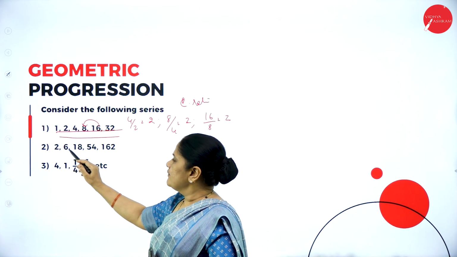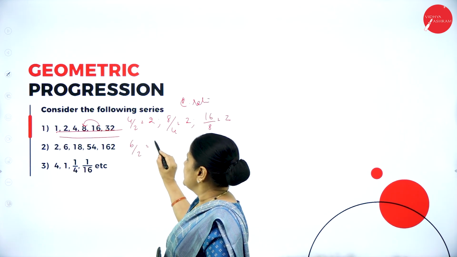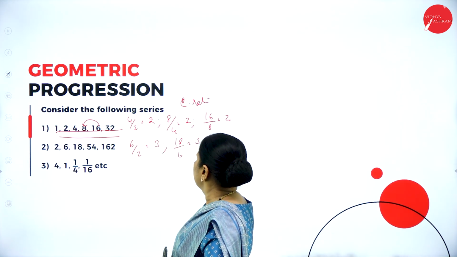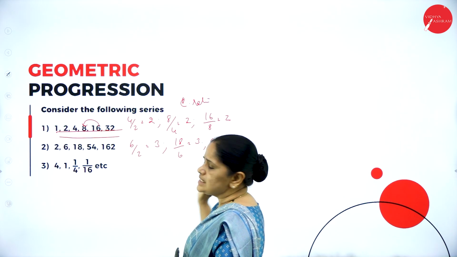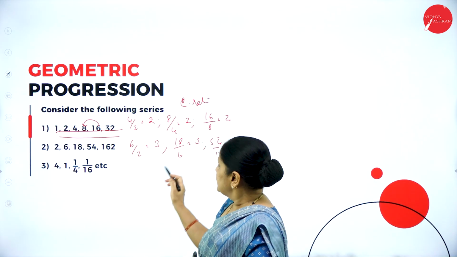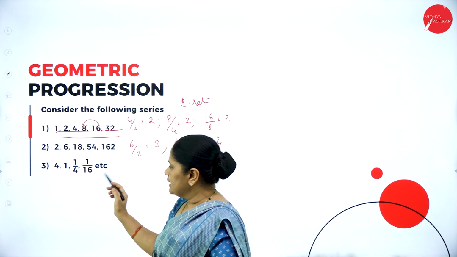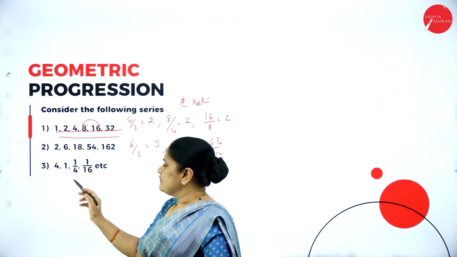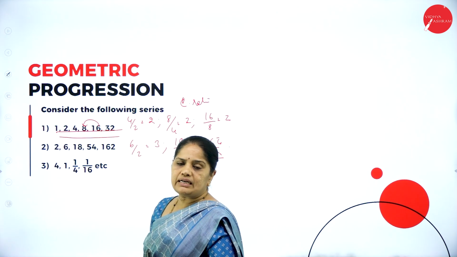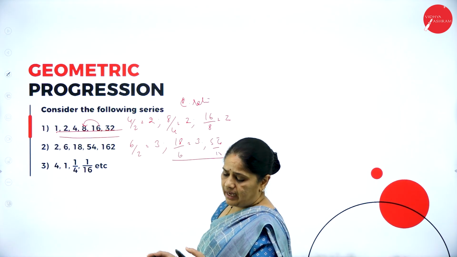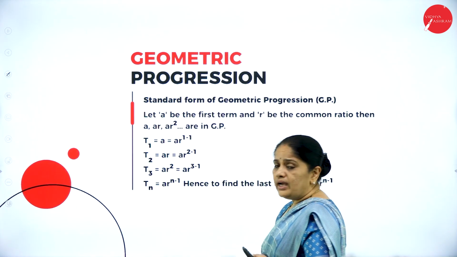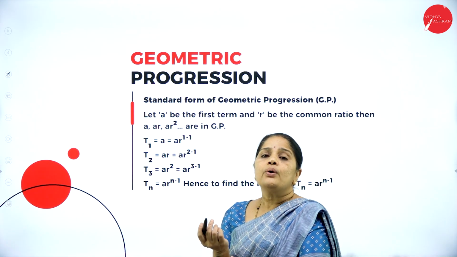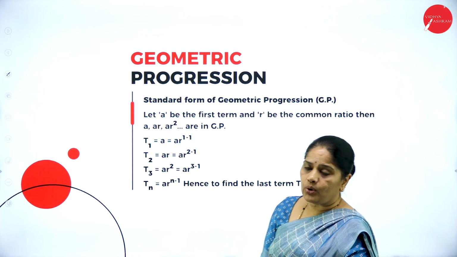Again here we have 6 divided by 2 is 3, 18 divided by 6 is 3, 54 divided by 18 is 3. So there is a common ratio running here. In the same way, 1 by 4 divided by 1, 1 by 16 divided by 1 by 4, they all have a common ratio. So any series of numbers which have a common ratio, we call a geometric progression.